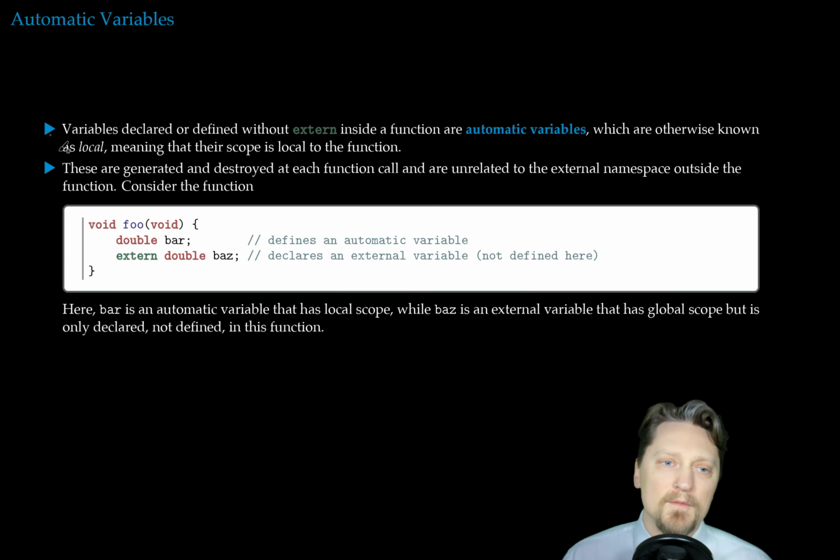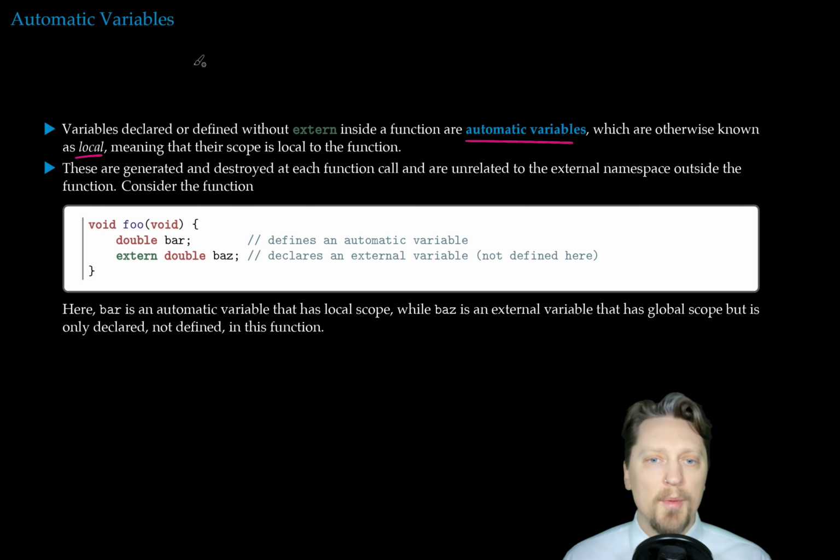Automatic variables. Variables declared or defined without extern inside a function are automatic variables, which are otherwise known as local variables, meaning that their scope is local to the function. These are generated and destroyed at each function call and are unrelated to the external namespace outside the function. Consider the function foo.